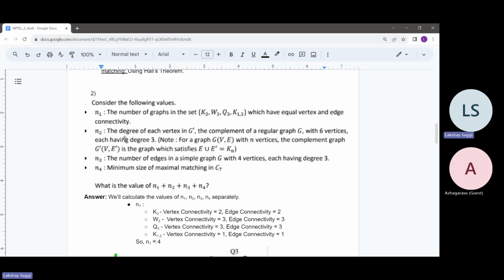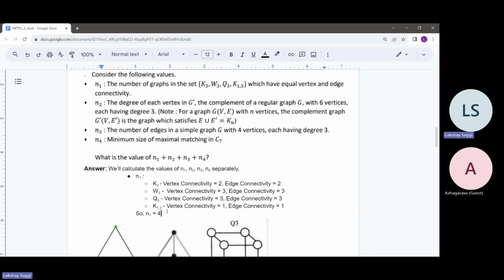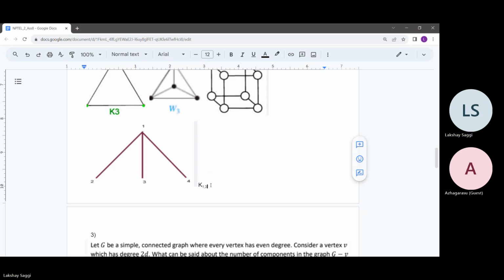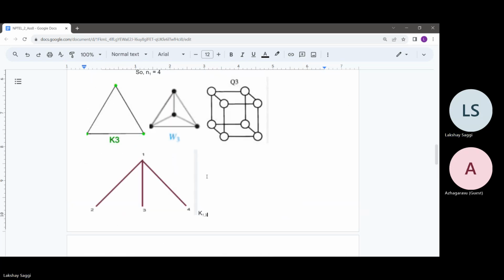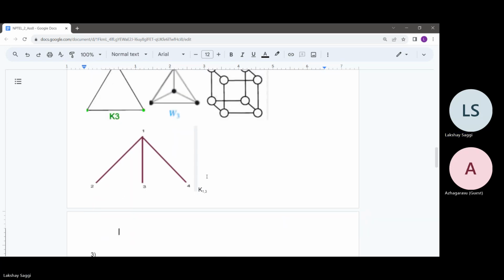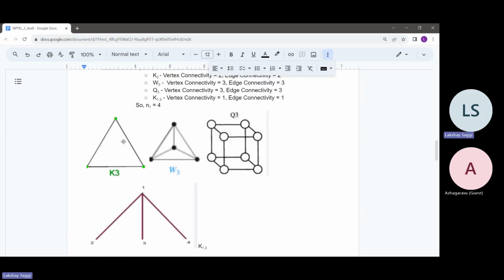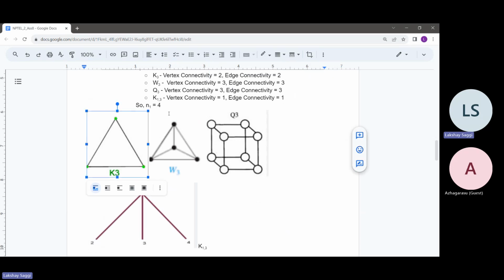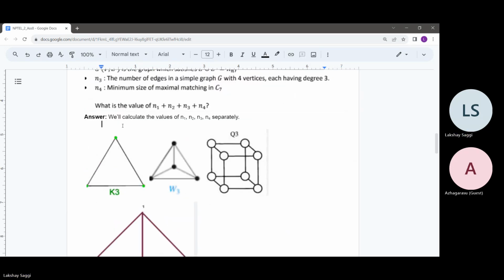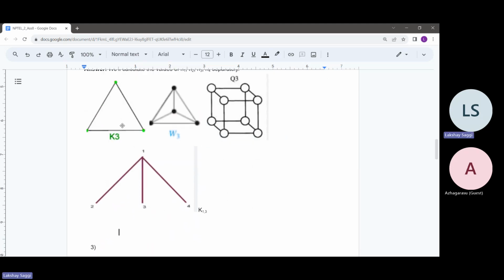So N2 is nothing but, let's just maybe, I should calculate the value of N2 after all these diagrams. Otherwise, it can become confusing. Or maybe I should copy this diagram of this thing.